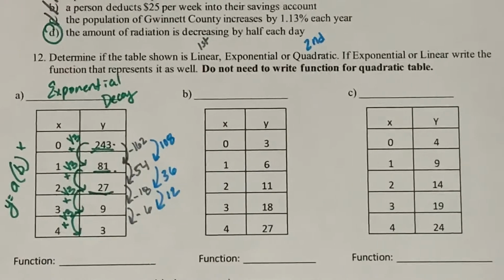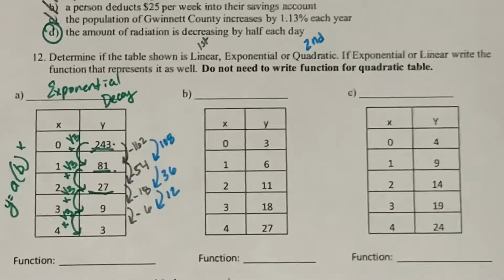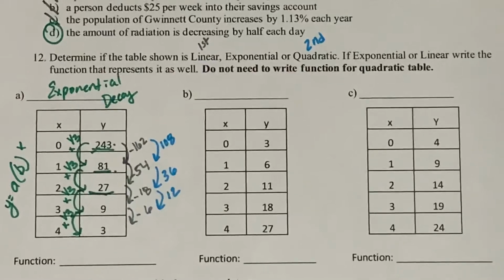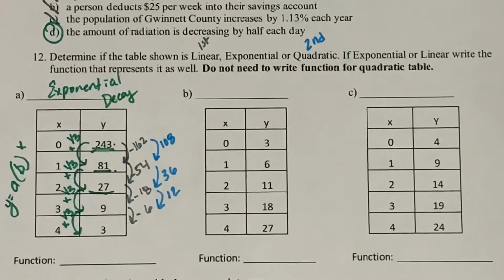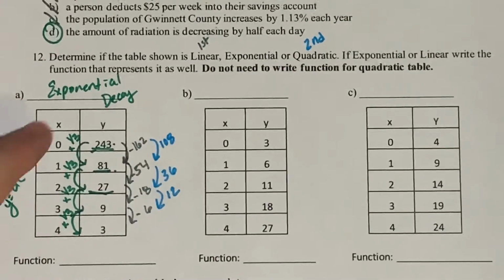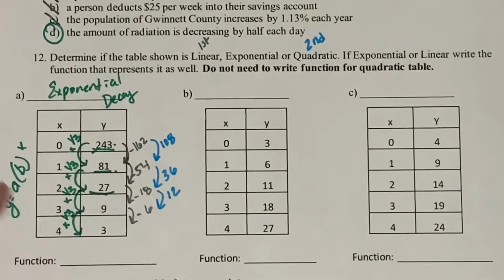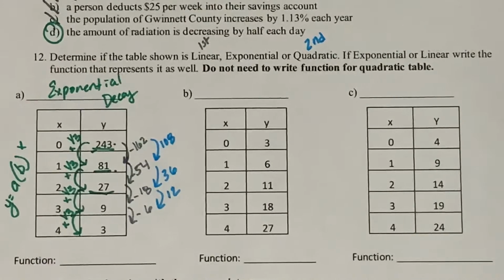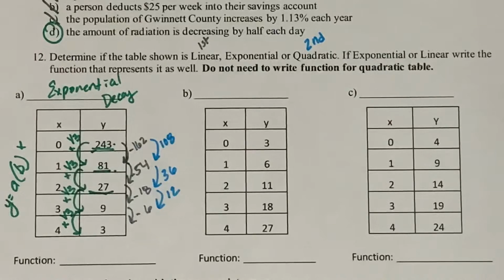A is always the initial value, so where you begin, and b is the rate at which it's changing, which we found to be 1/3, and then x and y stay the same. So the initial value is going to be 243 multiplied by 1 divided by 3 raised to the x power.